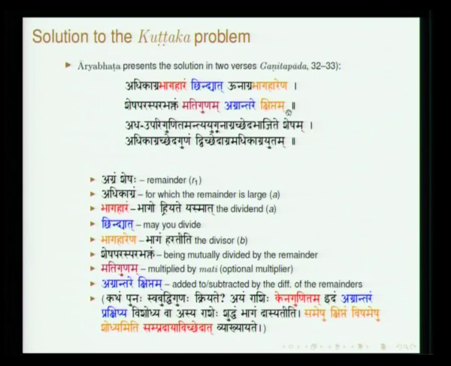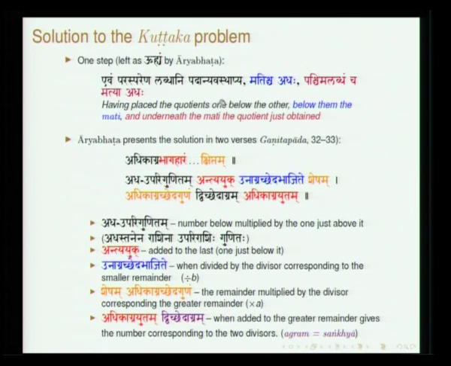In fact, at this stage of the verse, we have to see the commentary, because what is to be done with all this? That has not been very explicitly stated by Aryabhata in the verse, and therefore something has to be uhyam. Okay.